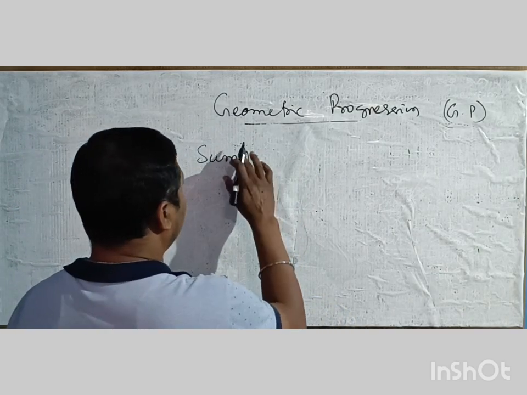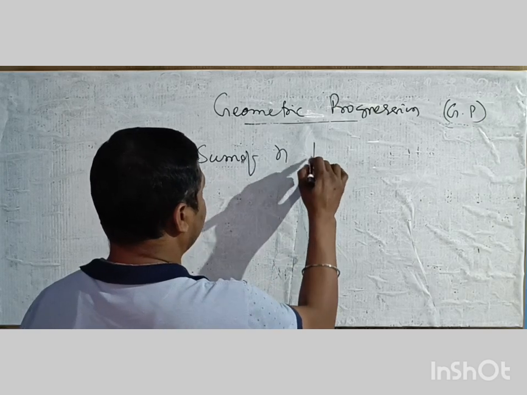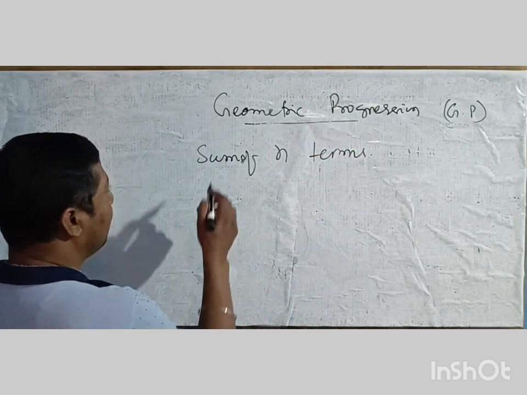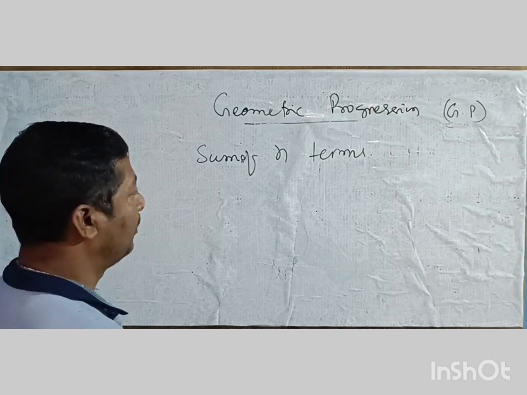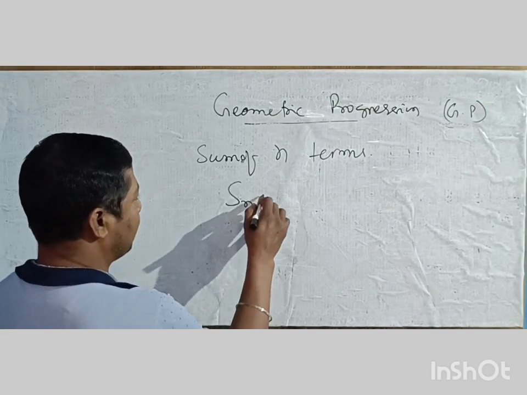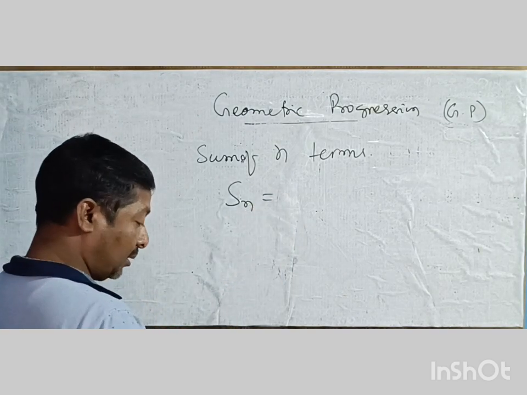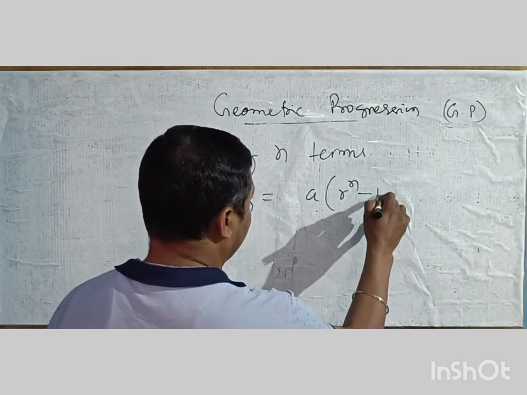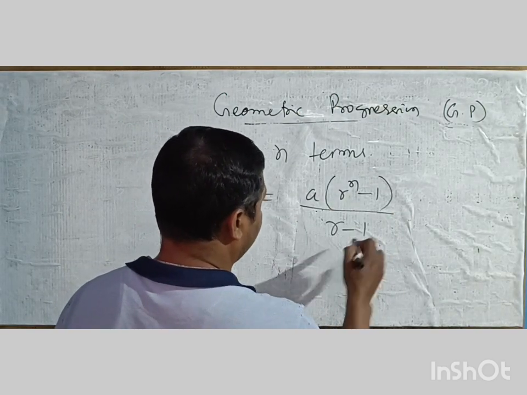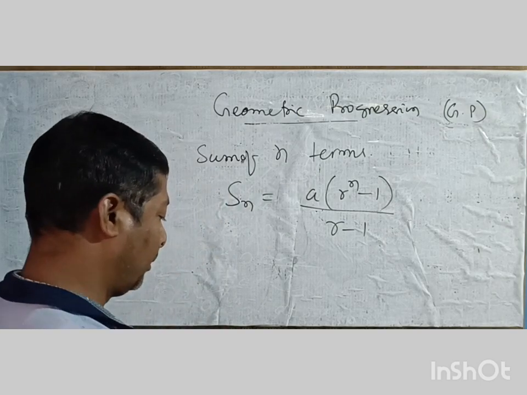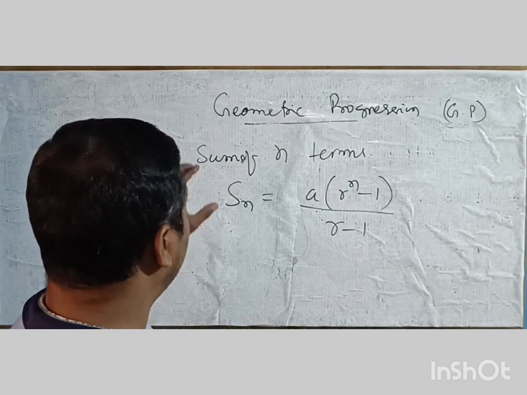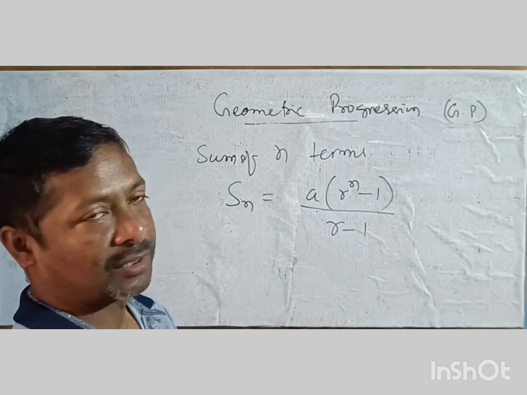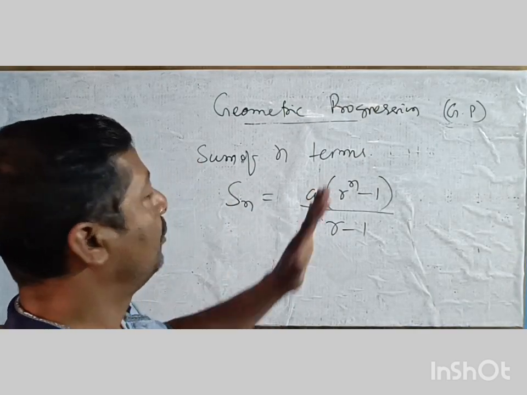Sum of n terms will be what? In case of GP, sum of n terms is denoted as Sn, and the formula is A into (R^n minus 1) by (R minus 1). This is the Sn formula, sum of n terms of a GP, a geometric progression.